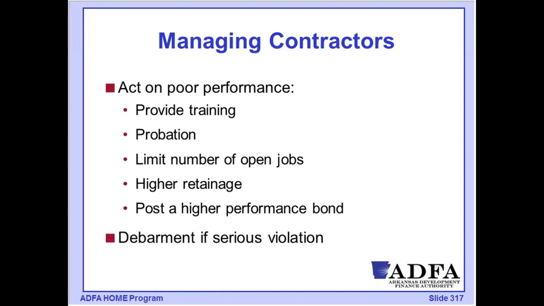Now, part of our goal here is to make sure that if we can correct performance issues and have them continue as part of the program, great. Otherwise, we want to make sure that we're not going to continue to do business with them. HUD does have, the federal government has a debarment process.